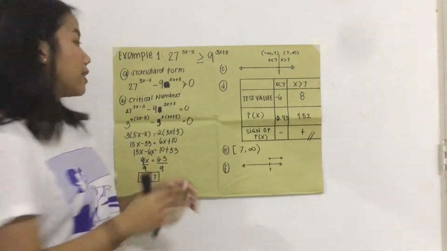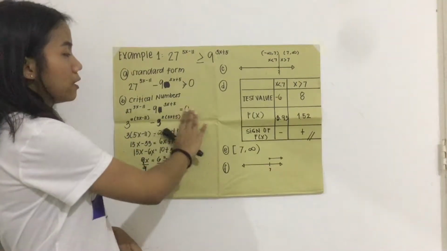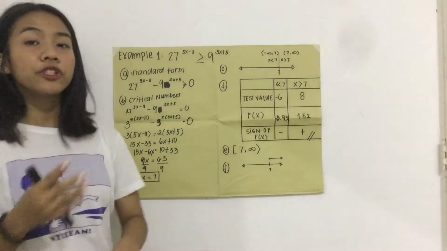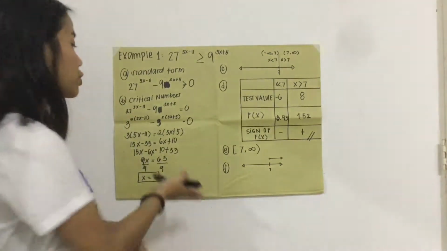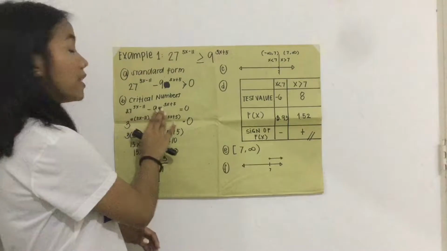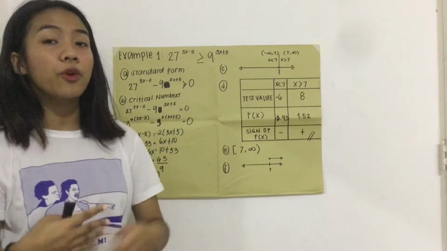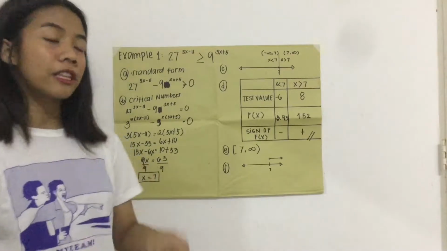Then the next step in solving critical numbers is we should have the same base. Since 27 and 9 are both divisible by 3, the base that we're going to use is 3.